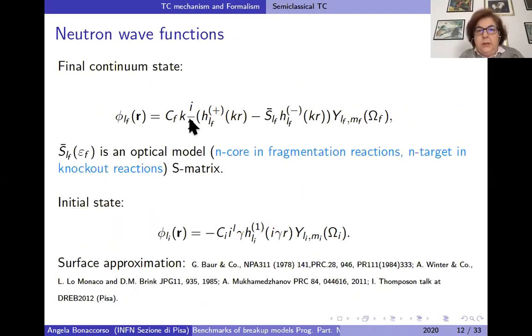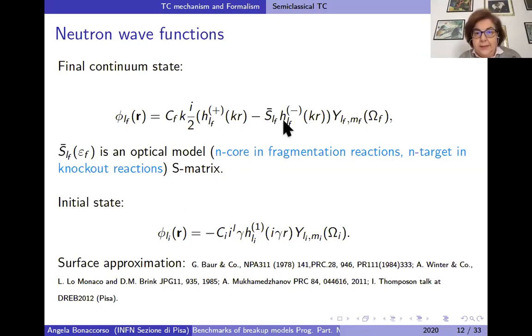So how do we manage to get this simple analytical formula? It's because we have analytical forms for the initial and final wave functions. They are Hankel functions for the initial bound state and the final continuum wave function.